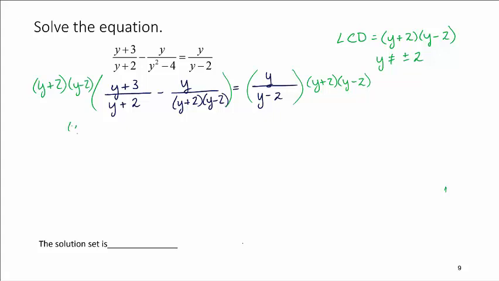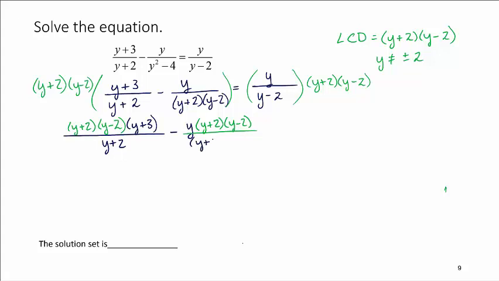So we're going to have (y + 2)(y - 2) times (y + 3) all over (y + 2), minus y times (y + 2)(y - 2) all over (y + 2)(y - 2), right?